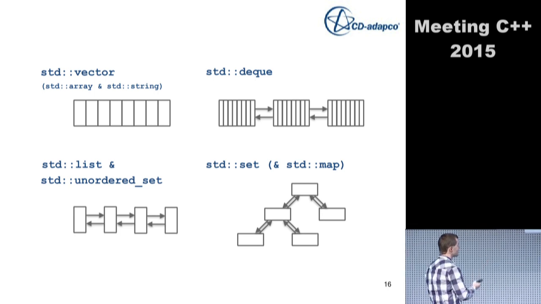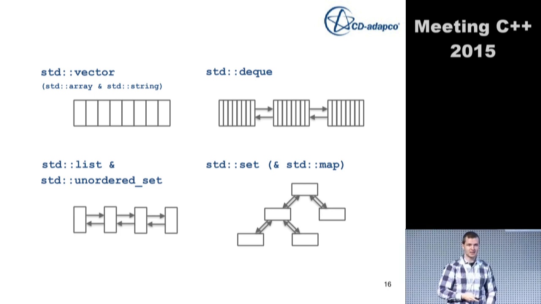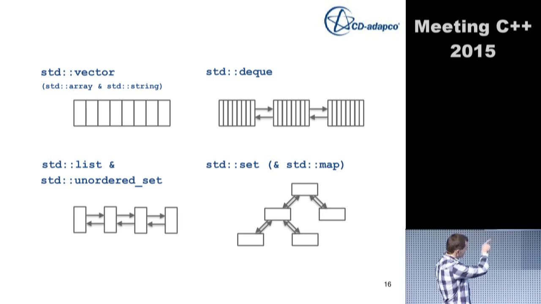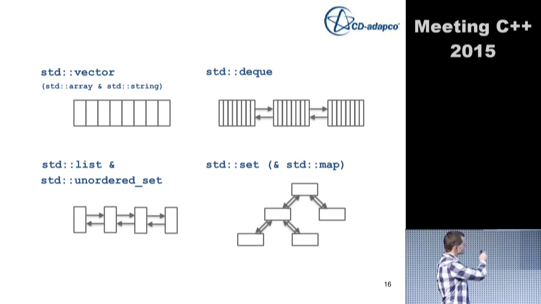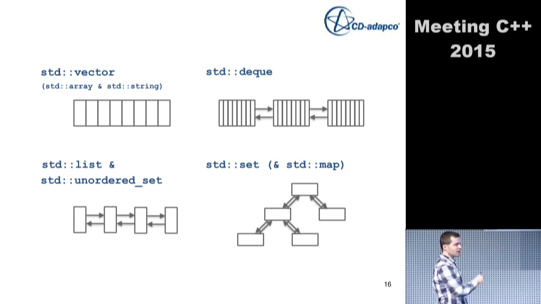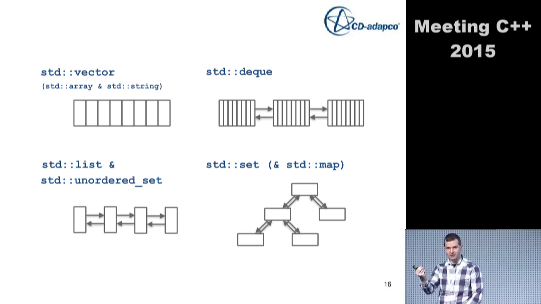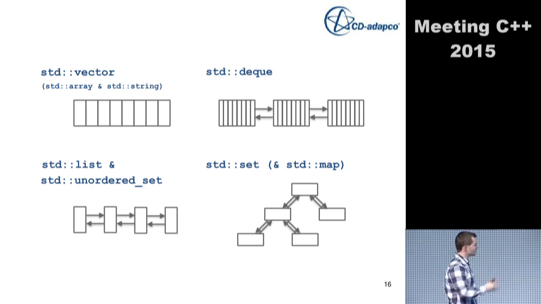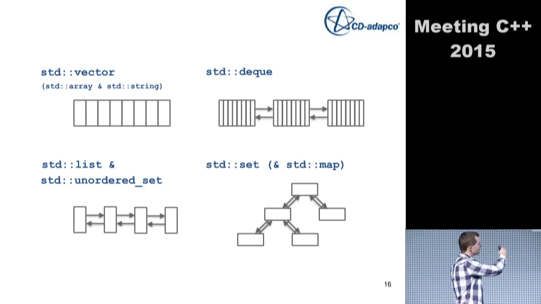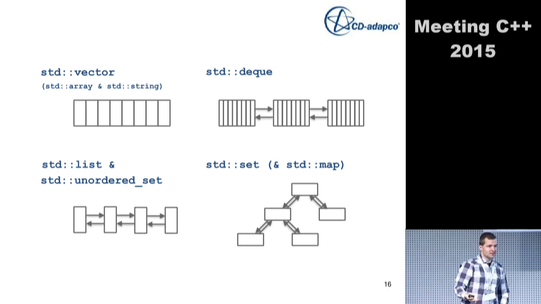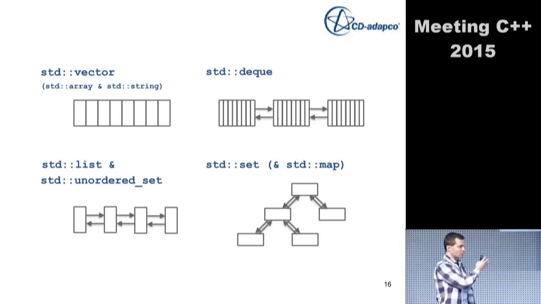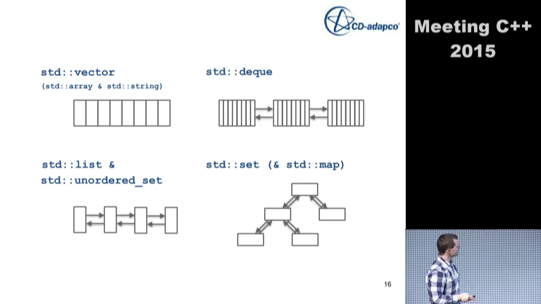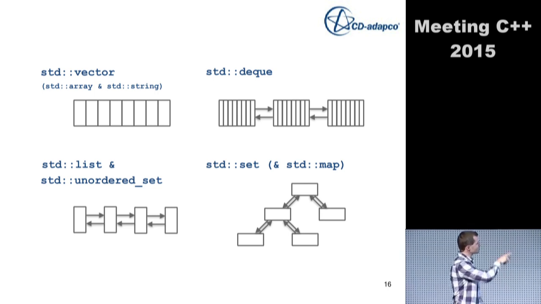A list, well, a list is a doubly linked list. Individual elements that are linked together such that they can move forward and backward. The important property is that every element is allocated individually. I add an element, I do an allocation, I copy the value in the node. If I remove an element, I delete the according node. Has some nice properties, so a list might have stable nodes.